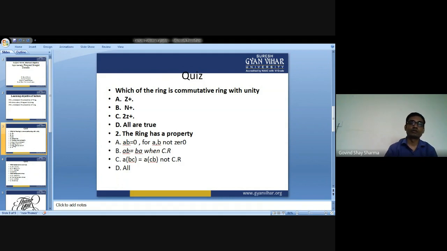AB is equal to BA is the right option when the given ring is commutative. This is the property of a ring: when AB is equal to BA, we call it a commutative ring.